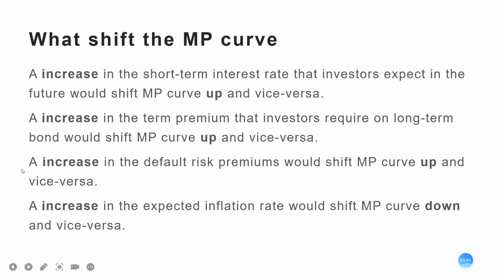And an increase in the default risk premium will shift the MP curve up and vice versa. And finally, an increase in the expected inflation rate will shift the MP curve down and vice versa.